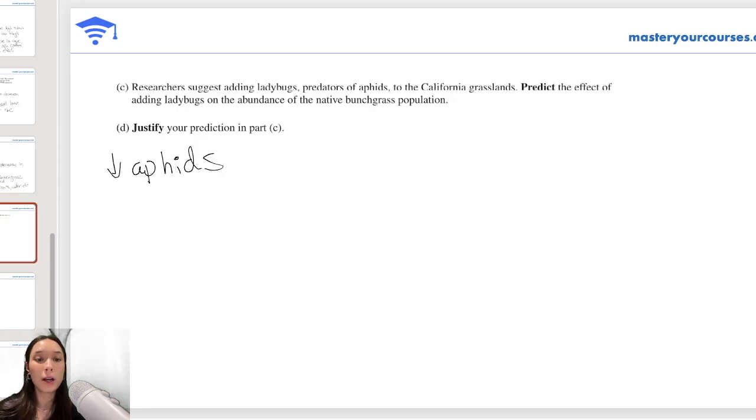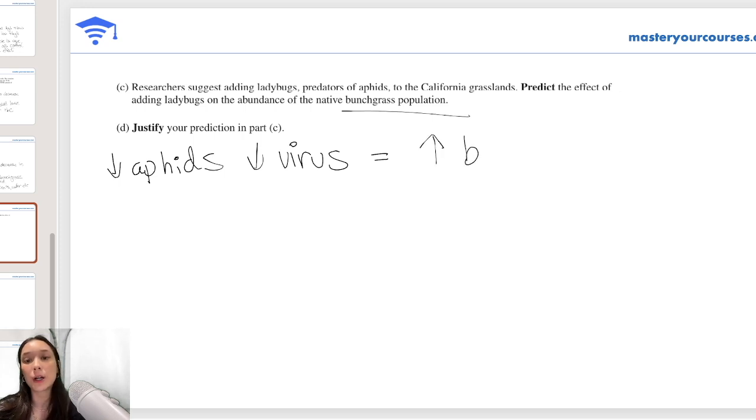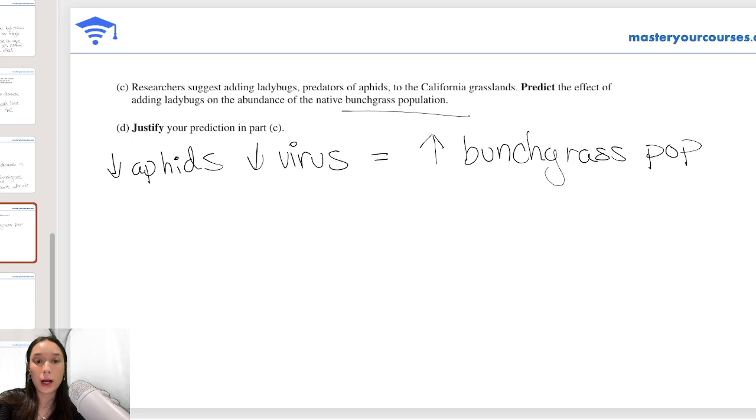So if I decrease the amount of aphids, I'm going to decrease the amount of virus they bring in. And then that means I'm going to decrease the amount of bunchgrass that are going to be affected by the virus. Since it seems that the virus is not only, but majority affecting the bunchgrass population, you should see an increase in bunchgrass population, because you're basically eliminating that virus. And so you should see an increase in the population of bunchgrass.